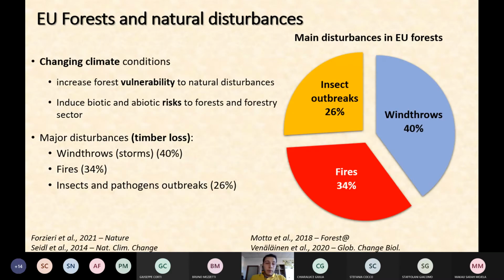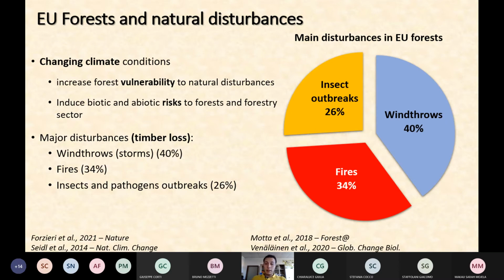So the European forests are, however, affected by natural disturbances that are mainly caused by the changing climate conditions, which can increase the forest vulnerability to these disturbances and induce some risk to the forest and to the forestry sectors.